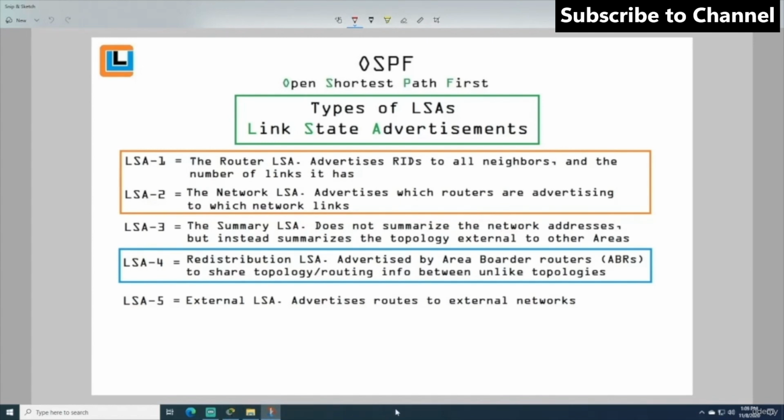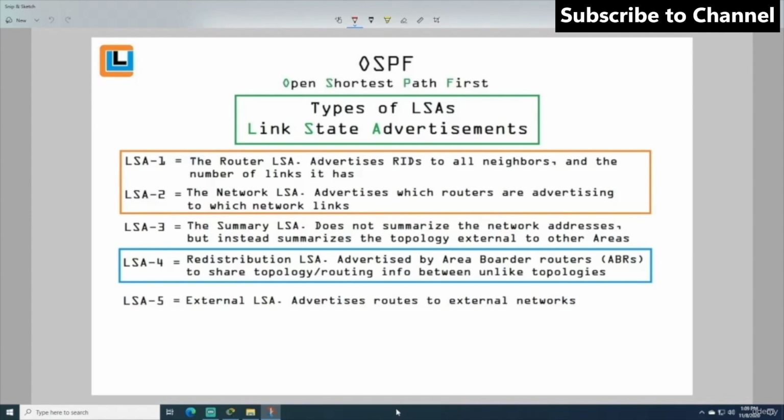Type 4 LSAs are only used when a border router has been configured for router redistribution. This is when a border router in an OSPF environment is also connected to another topology that's using a different routing protocol than OSPF.